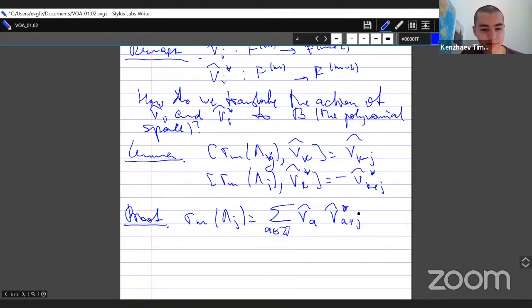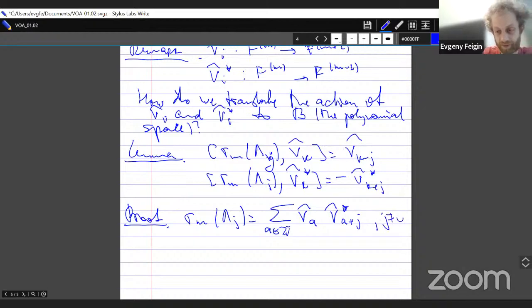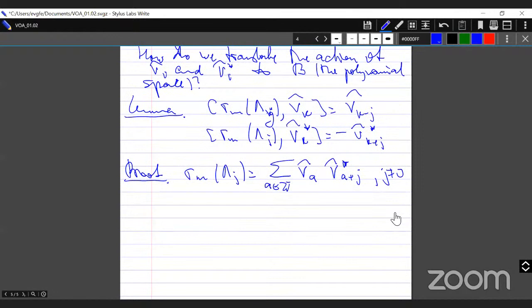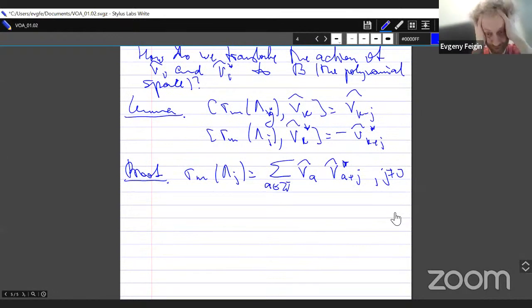If j is not zero. Yes, j is not zero. That's right. Okay, so this is the sum. Now, are the expressions above true for j equal to 0? Yes, that's true for j equal to 0, but the proof should be worked out separately.